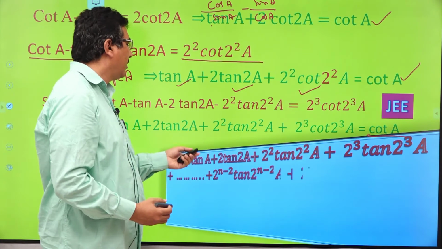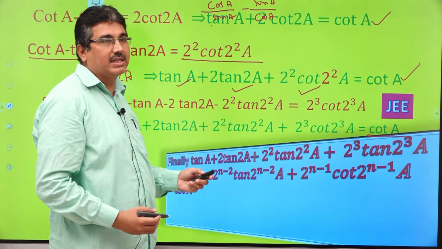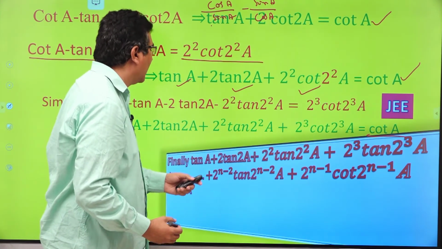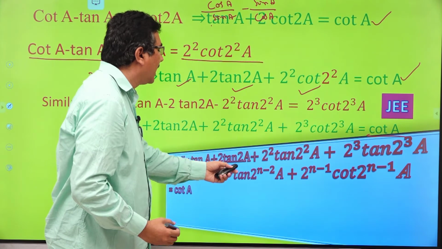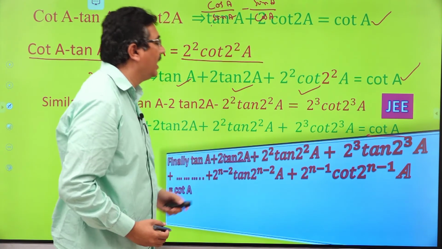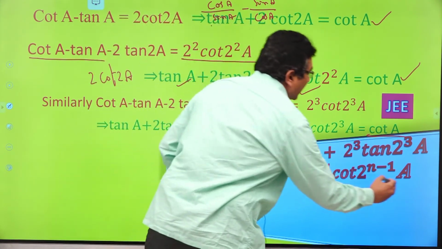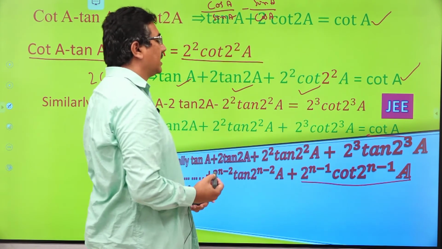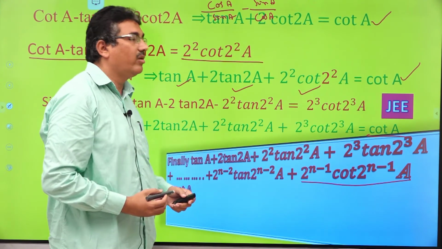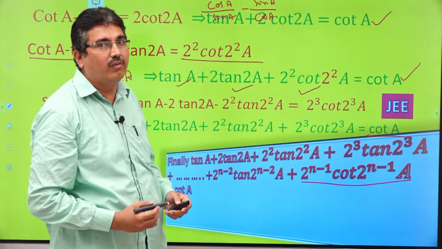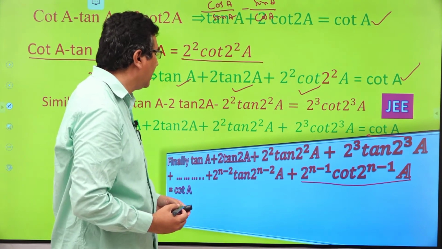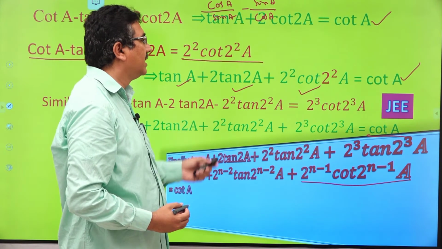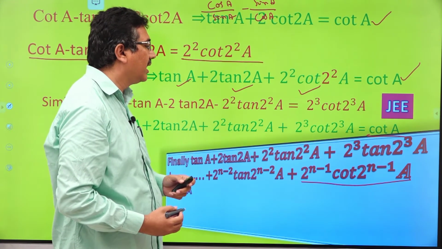Finally, tan A plus 2 tan 2A plus 2 square tan 2 square A and so on, up to 2 power n minus 2 tan of 2 power n minus 2 A. Observe that in each case, the last term on the LHS is in cot, here 2 power n minus 1 cot of 2 power n minus 1 A, that is also equal to cot A. Right? See the result, very very important result.